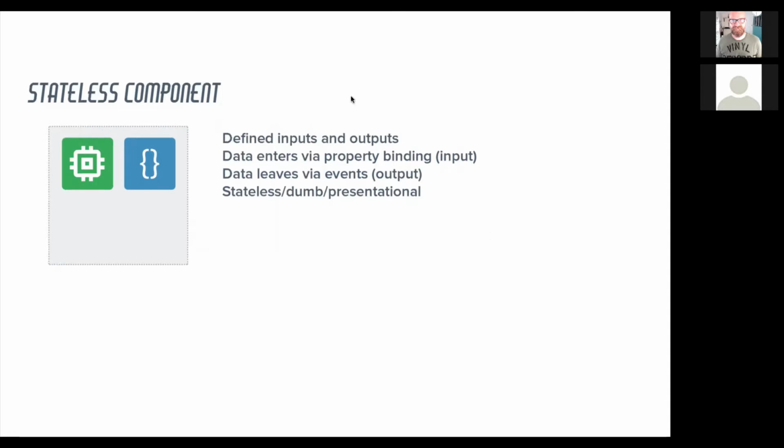So for a stateless component, what we like to do is imagine your component is some kind of API, maybe like a function callback or some kind of configuration that you want something to do. And when you create a JavaScript function, you obviously pass some kind of function argument, and then you can use that argument inside the function. So the idea here is that a stateless component will receive some kind of arguments, which we call an input, and it will do something with those arguments.